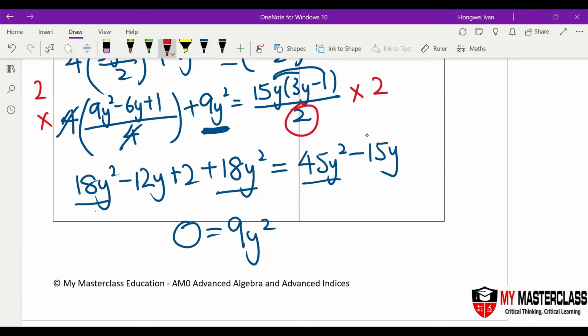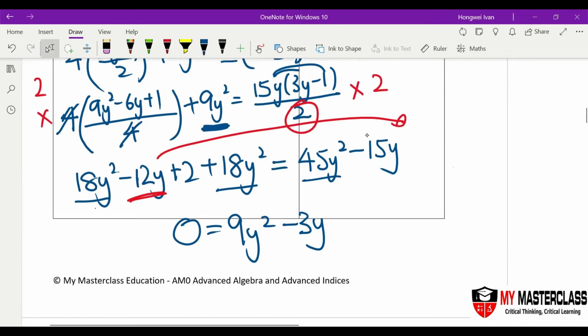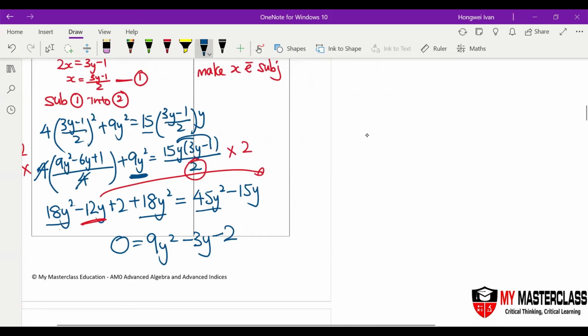Negative 12y bring over, it becomes plus. Minus 15y, plus. Minus 3y. Minus 2. Actually, most of the time it can be factorized.